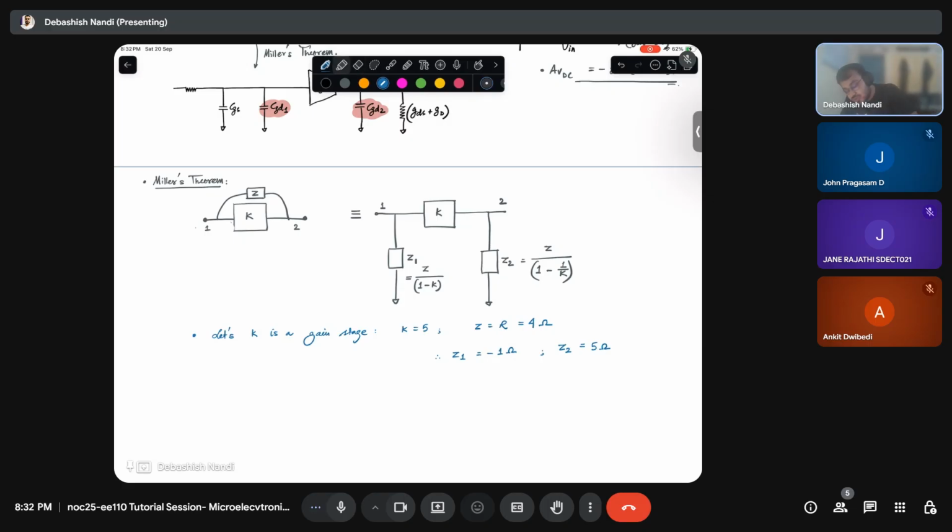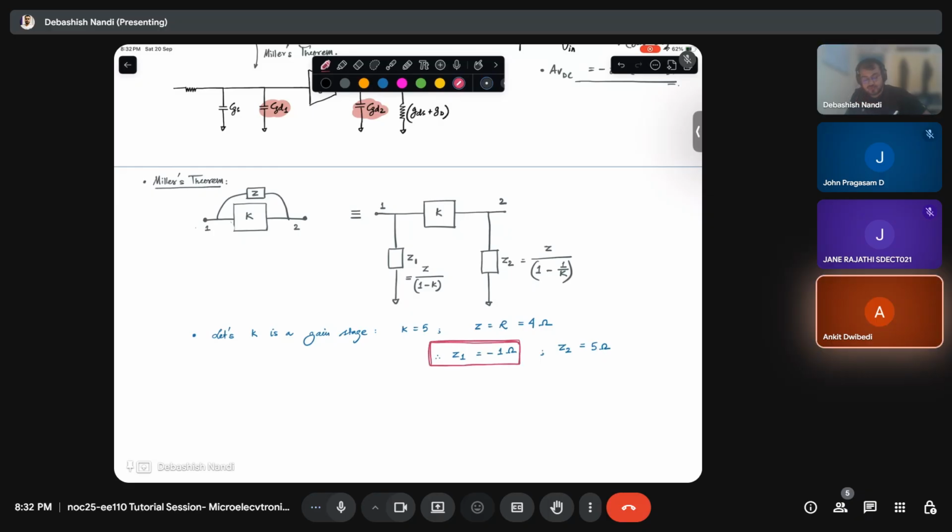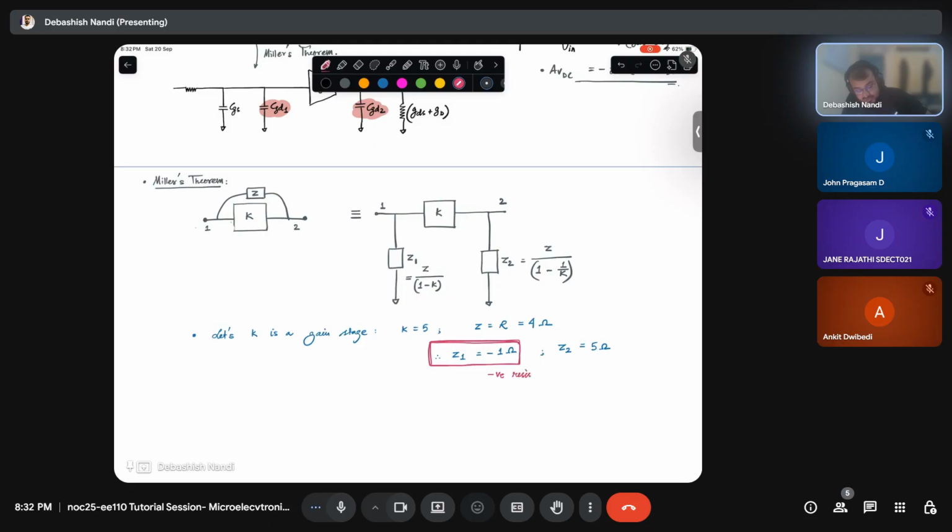So do you see something weird about this? Negative impedance. Negative resistance. So should we be worried about this?